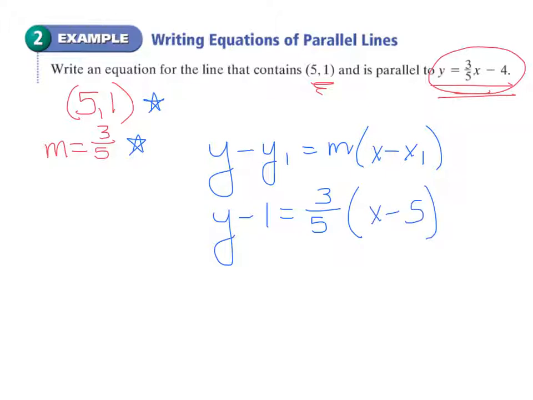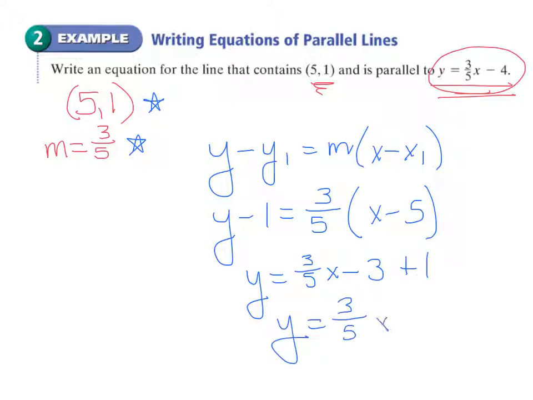So my answer would be y minus 1 equals 3/5 times (x minus 5). I want you to write it in slope-intercept form. y equals 3/5 x minus 3/5 times negative 5, which is minus 3. I add the 1. So my equation would be y equals 3/5 x minus 2.